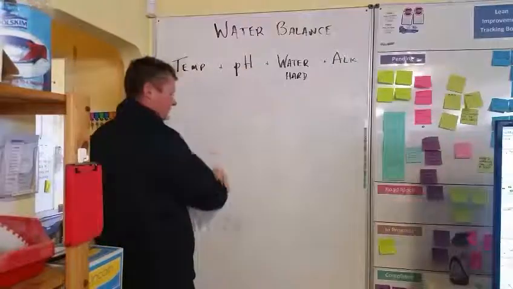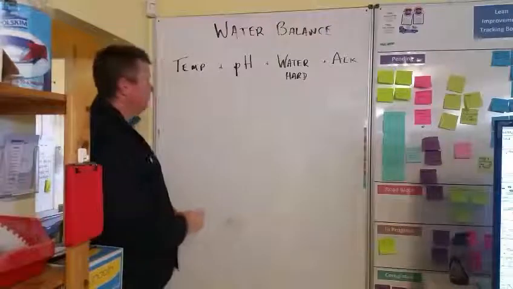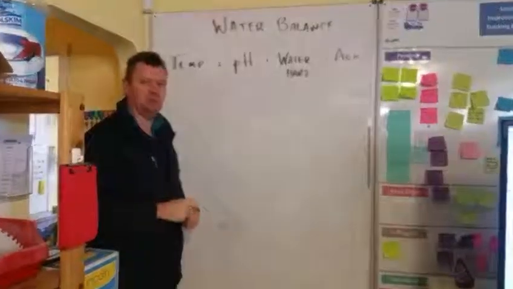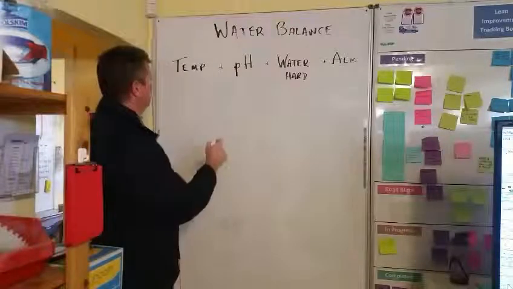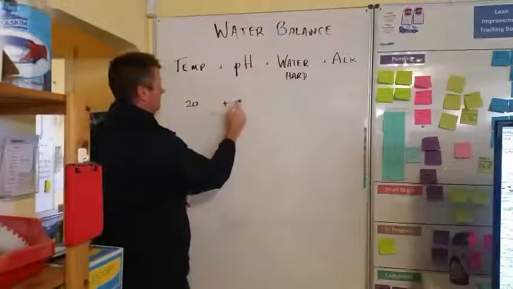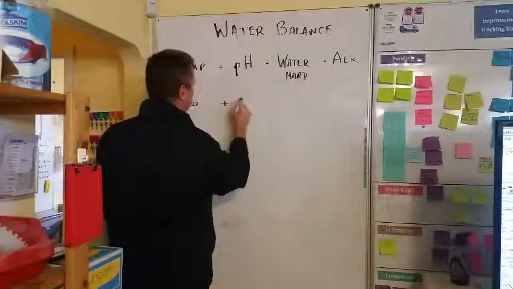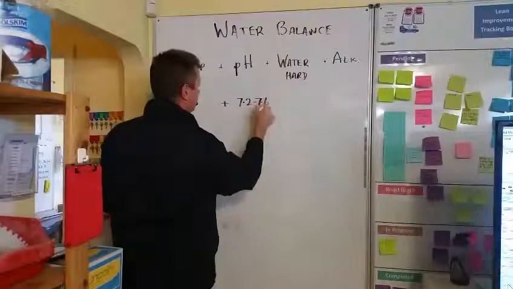With pools, obviously, you don't want to have a pH of 4, very acidic, or a pH above 8.2 really, which becomes too basic. So you really want to have a pH of around 7.2 to 7.6.